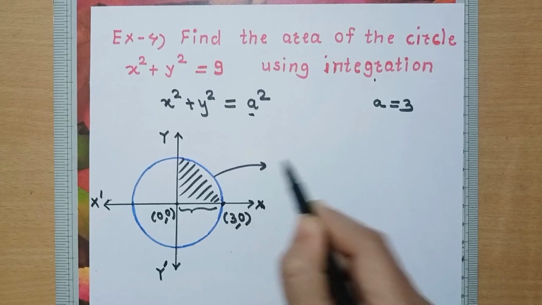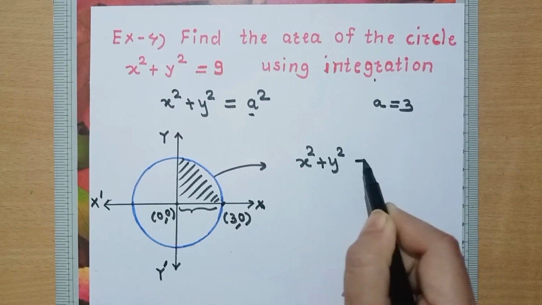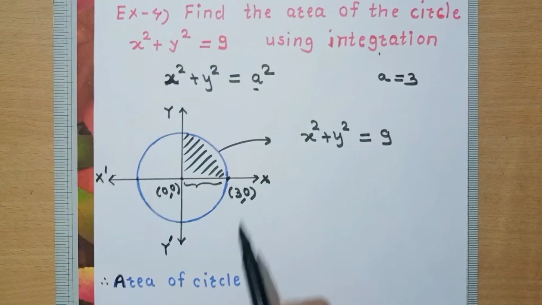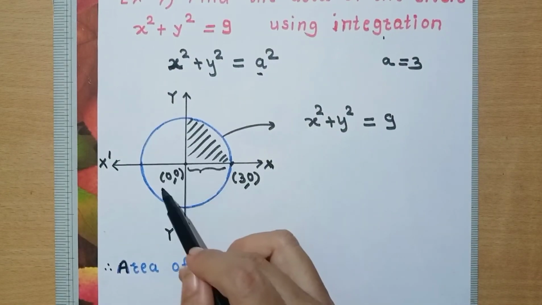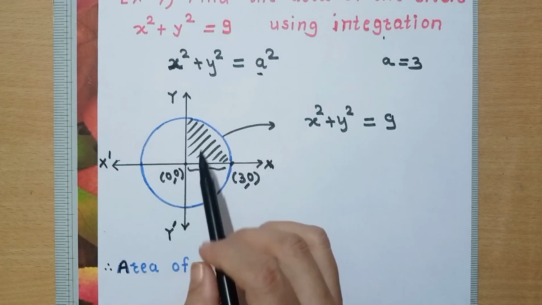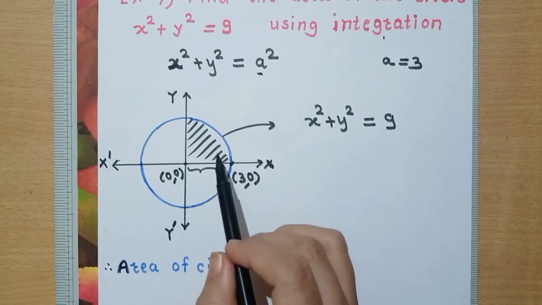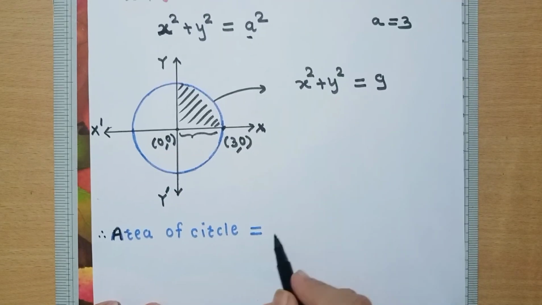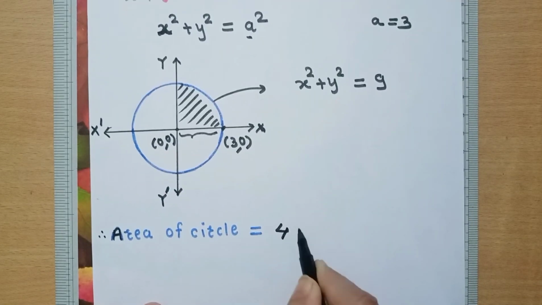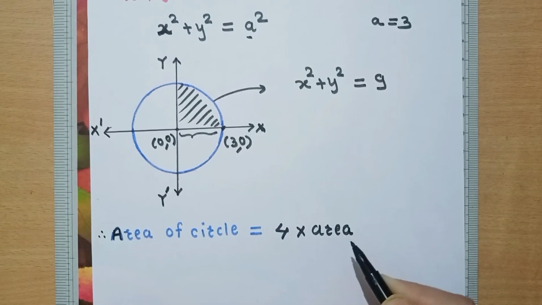Here I will write this circle x square plus y square is equal to 9, and these four parts are equal. This is first, second, third, fourth. So we will find out the area of this shaded region and we will multiply this by 4. So here I am writing 4 multiplied by area of shaded region.